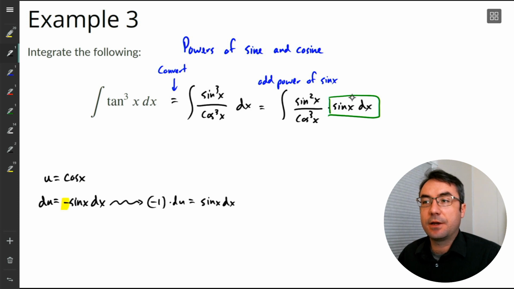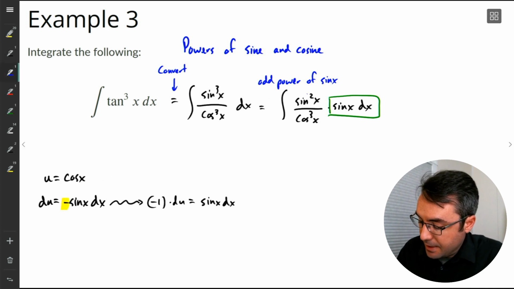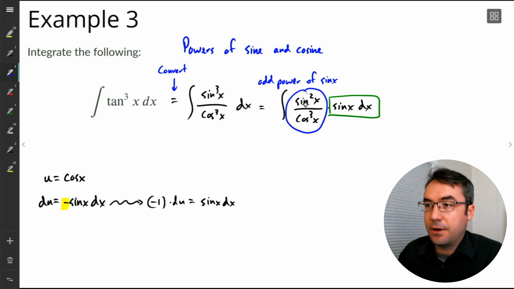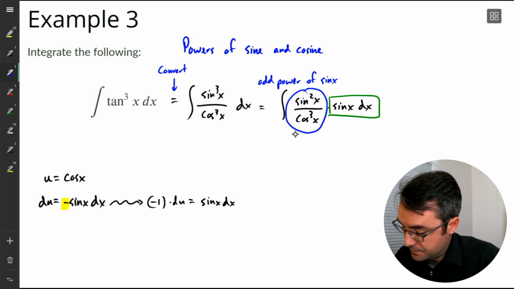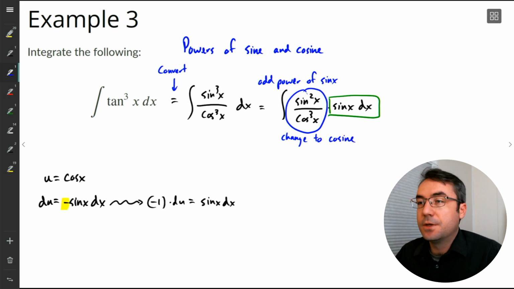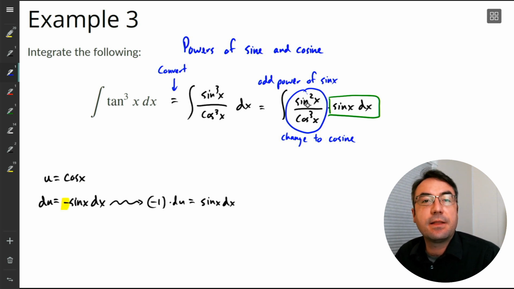So we're going to want to go through and convert everything here. And we're going to be letting u equal cosine. So that means everything in the rest of our integral, all of these extra terms, we have to convert into cosines. And we know we have a trig identity that allows us to do that.